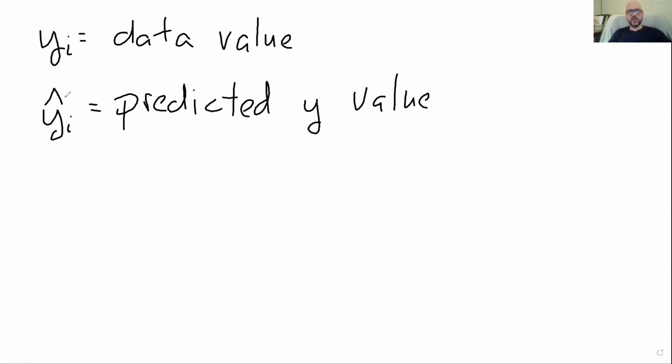This one is for the line, and this one is for the actual data values. So I want to reserve just y for data values and y hat for predicted y values. So what we actually have in our line is y hat equals a plus bx. So y hat is our predicted line, and a and b were the things that our calculator found.